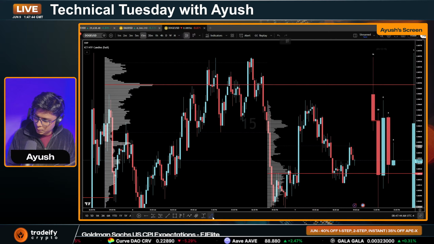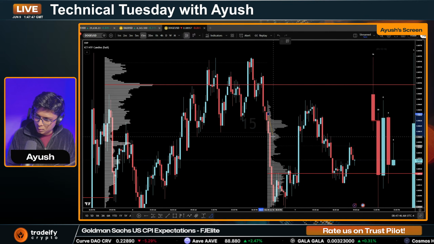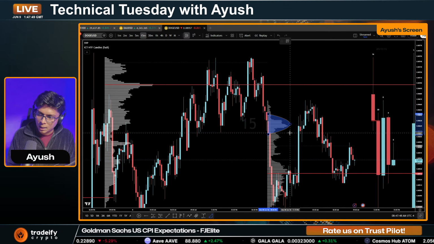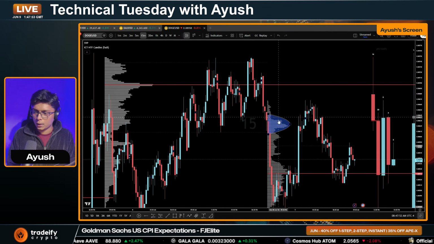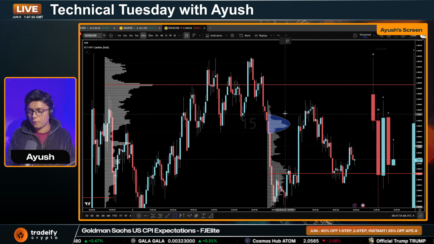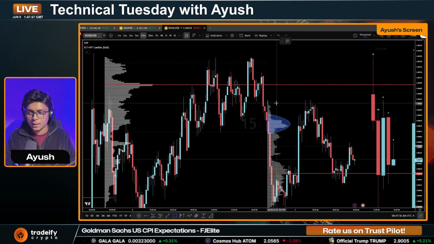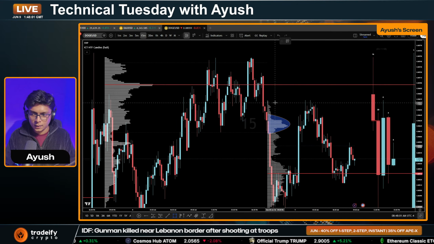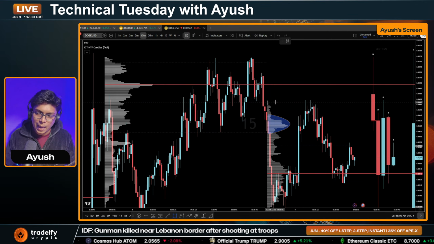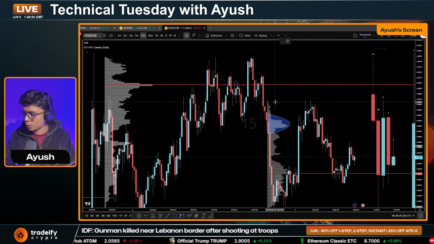Dragging and dropping at this high volume node at this high, and what do we have is low volume at this high. When there is low volume, that indicates that market is getting exhausted at that area, and that might act as supply or demand zone.